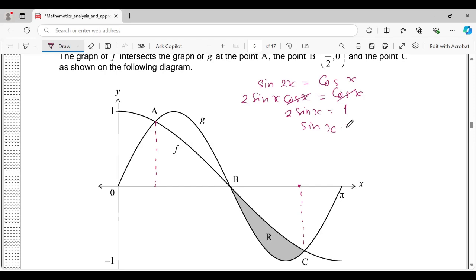Sine x equals half. And then x equals arc sine half, between 0 and pi.